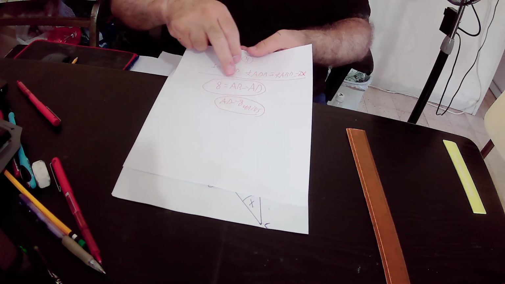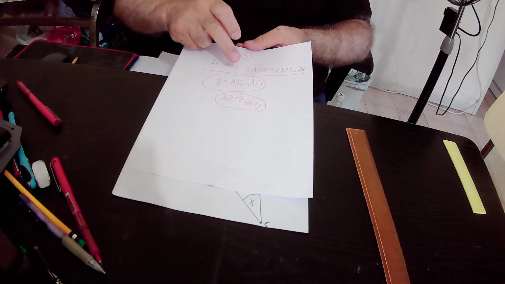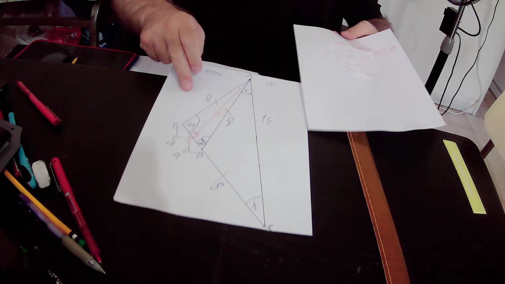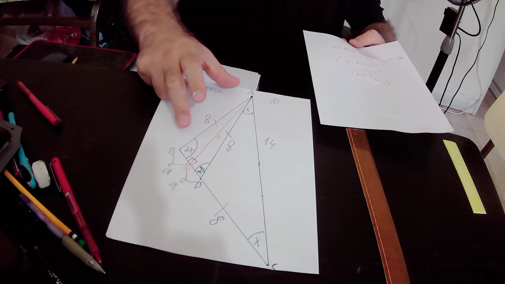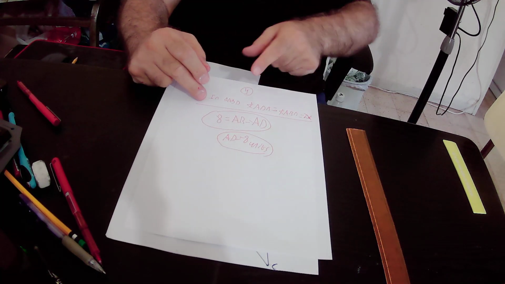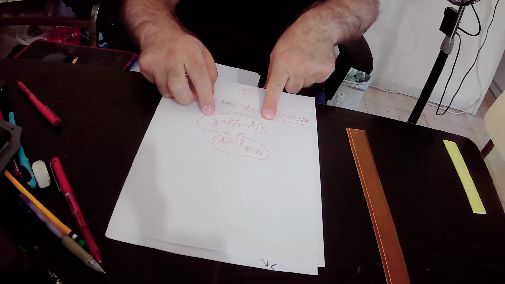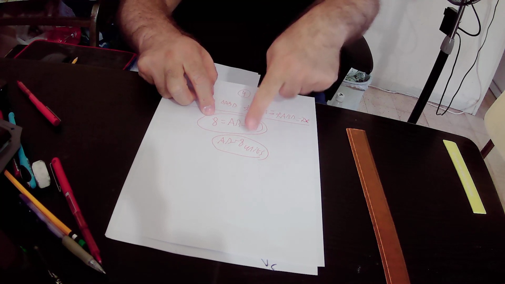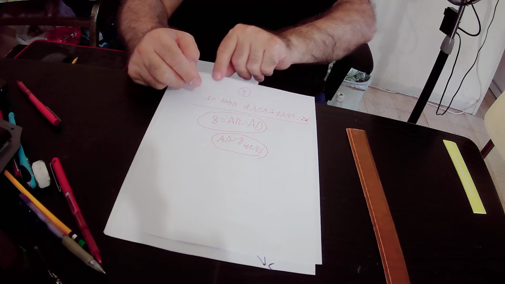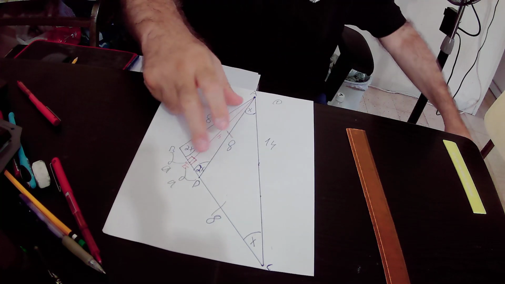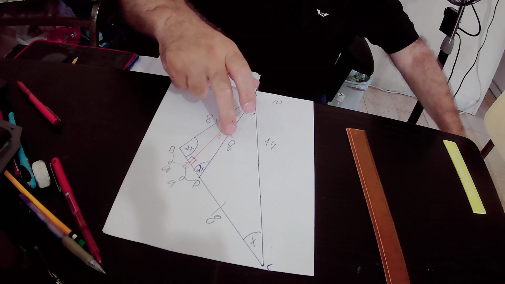That is to say, AB equals AD, and we know that AB equals 8 units. So we can deduce from this equality that AD also equals 8 units.